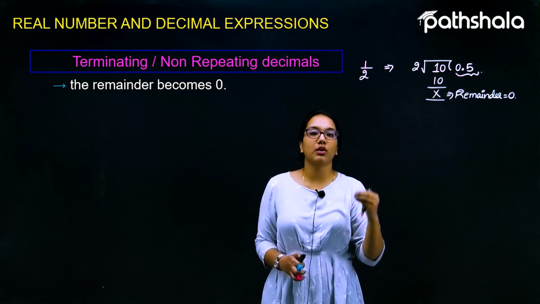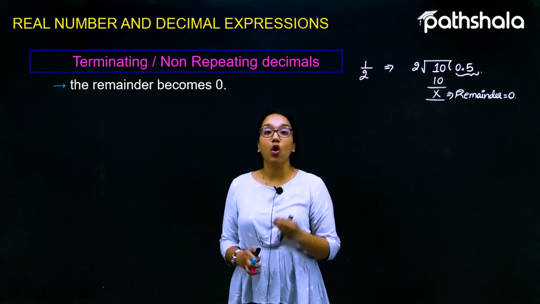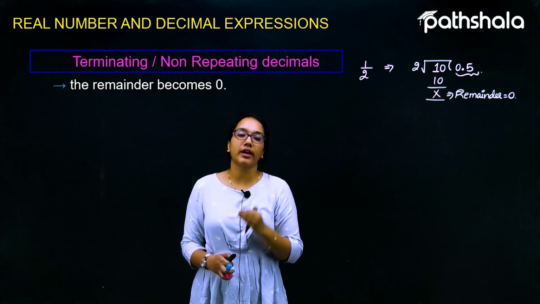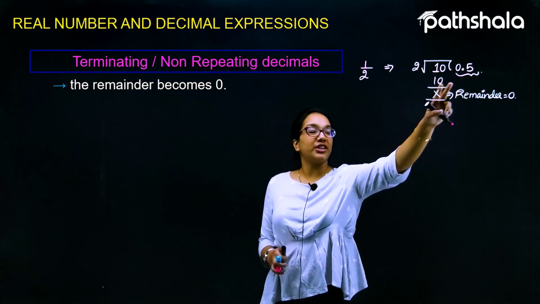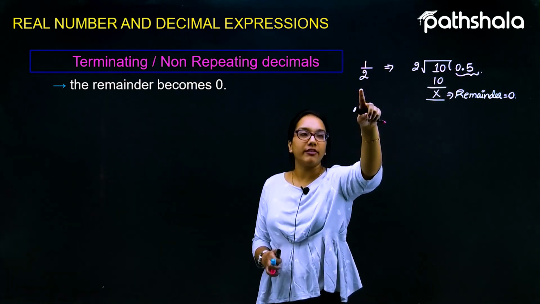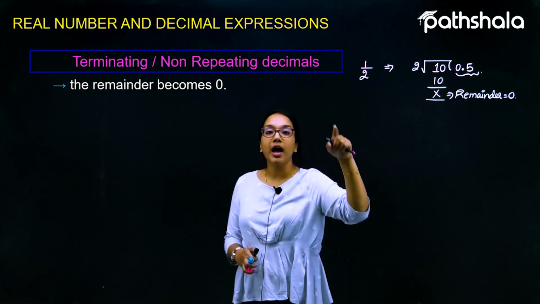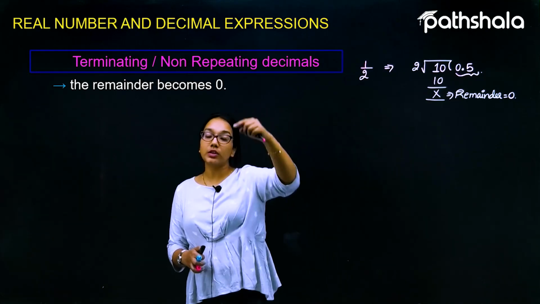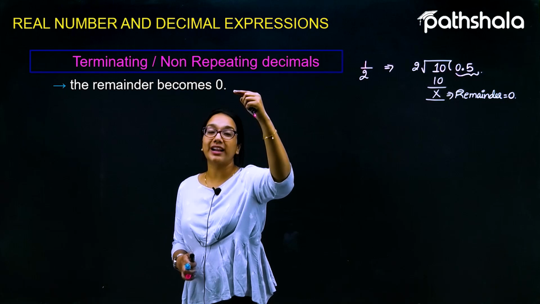Such numbers are called terminating and non-repeating or non-recurring decimals. So 0.5, or half, is a terminating and non-repeating decimal because it gives the remainder as 0.